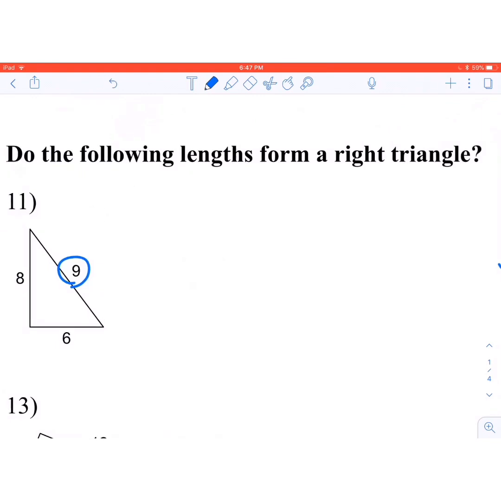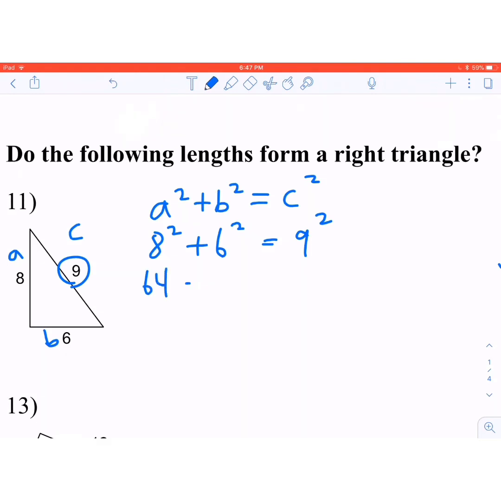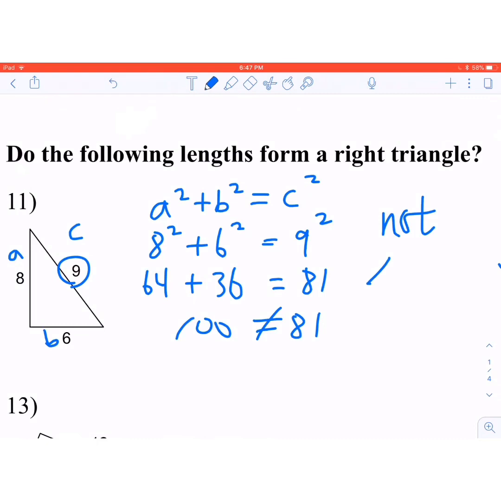So let's say a, b, and c. Let's check. a squared plus b squared is equal to c squared, so 8 squared plus 6 squared is equal to 9 squared. 64 plus 36 is equal to 81. 100 actually does not equal 81. So it is not a right triangle.